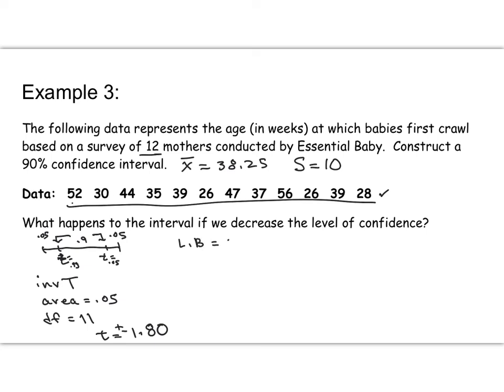And that's going to be my mean, 38.25, minus 1.80 times my standard deviation, which is 10, divided by the square root of my sample size, which happens to be 12. And when I calculate that, I get 33.05.